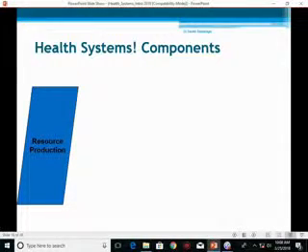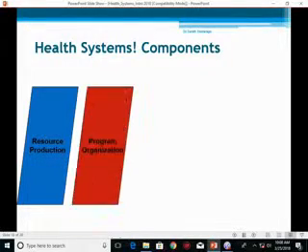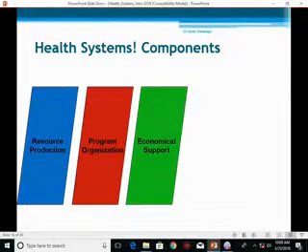One is that we need to have resource production. Secondly, there must be programs, organization, and structure. We have the ministry, the provincial ministry, then we have the campaigns and the hospital systems, maternal and child health; the various programs are organized.